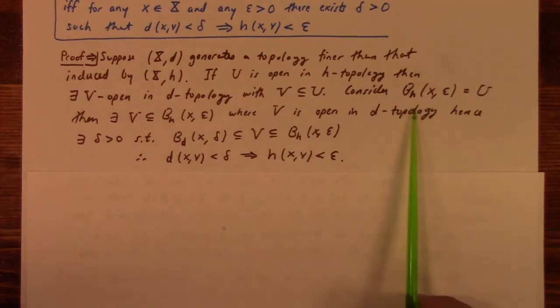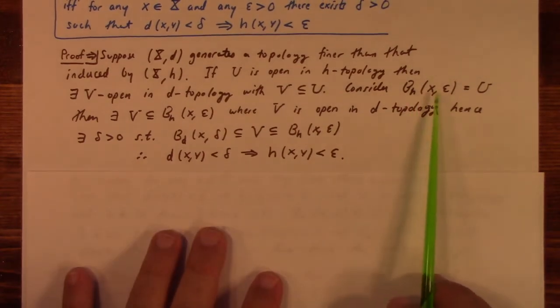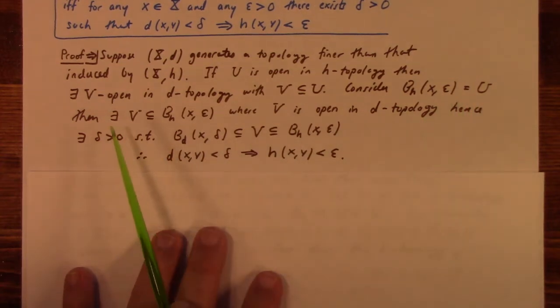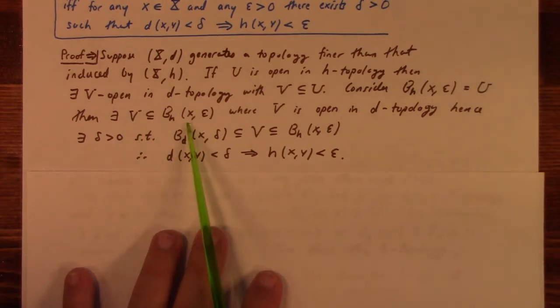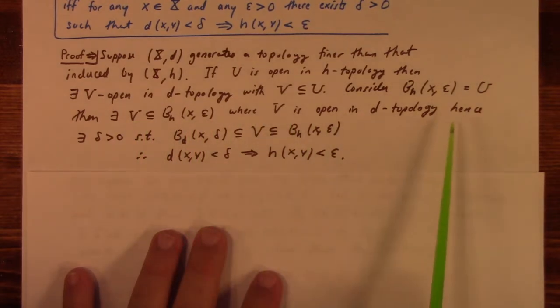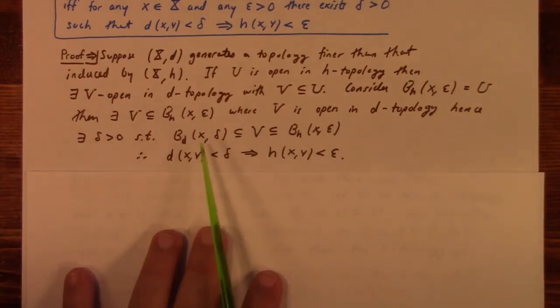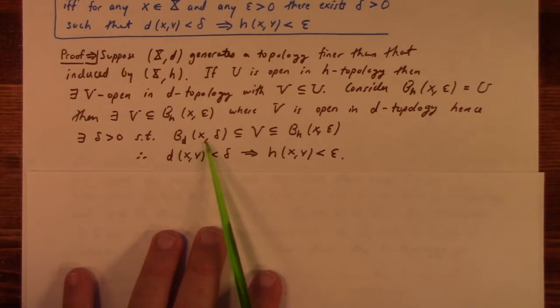All right. So if we look at the h ball of radius epsilon equal to U, then there must exist a V which is a subset of that h ball, where V is open in the d topology, which means that there exists a delta such that the ball of radius delta centered at x relative to the d metric is a subset of V, because again V is open, so every point is interior.